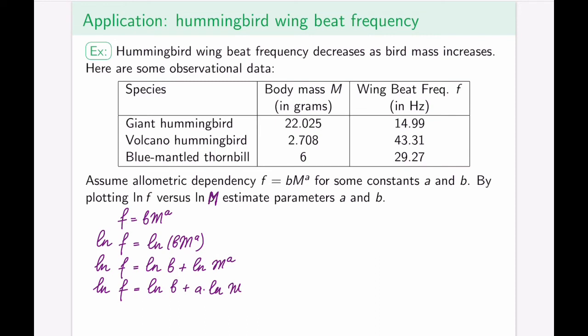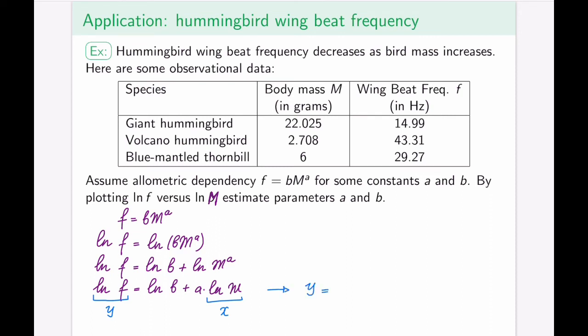So now I notice that if I am, as the question states, to consider a logarithm of one of my observational data values versus the other, I will have that logarithm of m can be my x, logarithm of f can be my y, and then the rest are really my constants. So here, let's take a look at what would happen if I were to rewrite this in terms of x and y as stated.